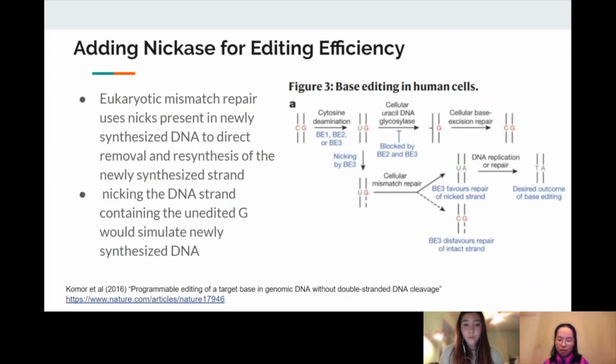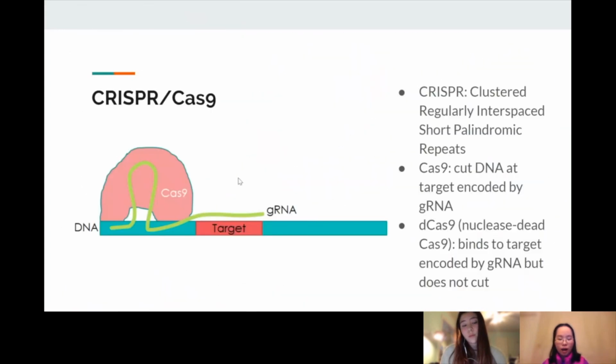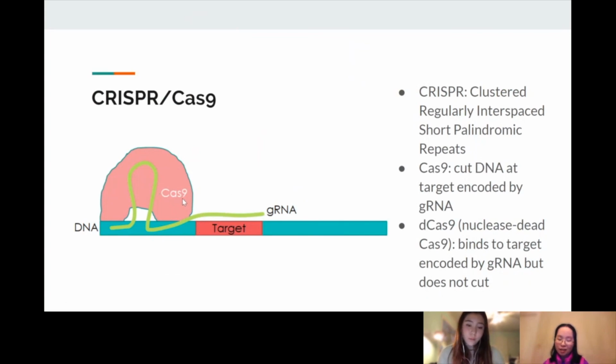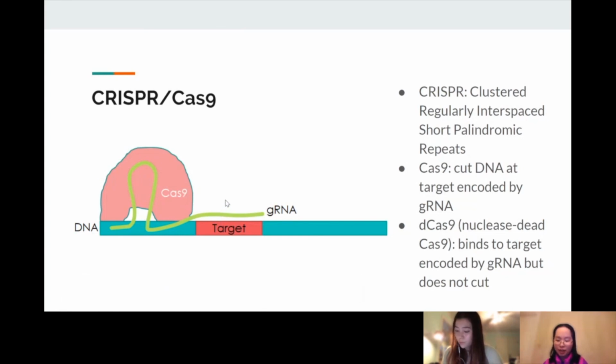It's basically stuff that's not supposed to happen. In this case, you're trying to direct the Cas9 to a specific target. Sometimes the Cas9 goes to a different place in the DNA and doesn't go to your target. Any activity it has in different areas of DNA is then called off-target activity.